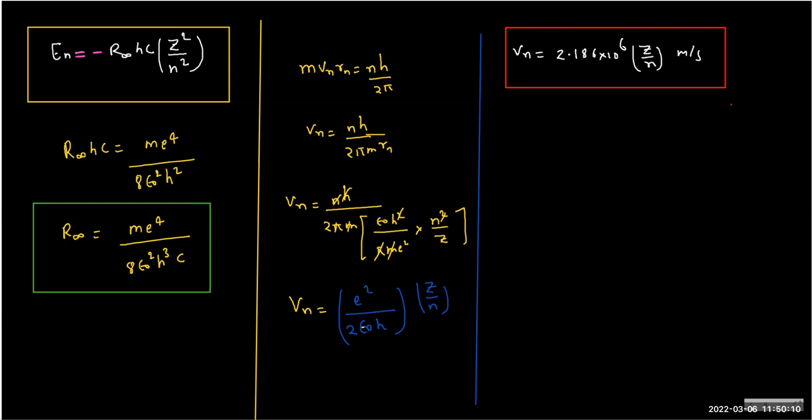N is infinity means you are so far from the nucleus that the nucleus will almost stop acting on the electron, and therefore there is no centripetal force. So you do not need to move in a circular orbit to maintain the orbit. You can be stationary, you can be there forever, but that means you are leaving the atom. That's the other way of thinking.